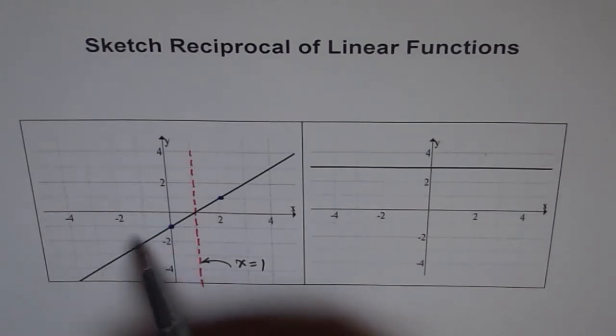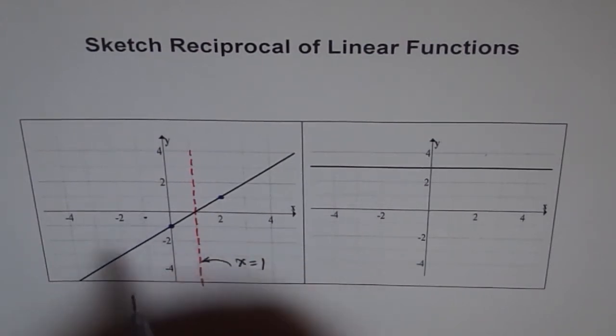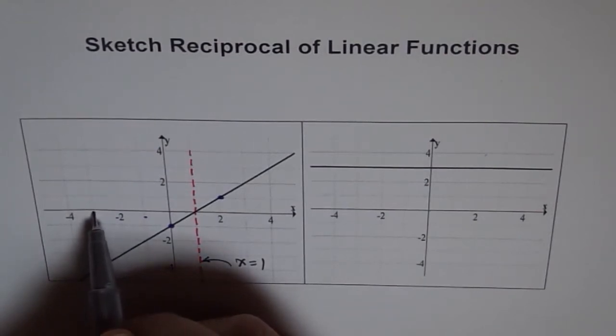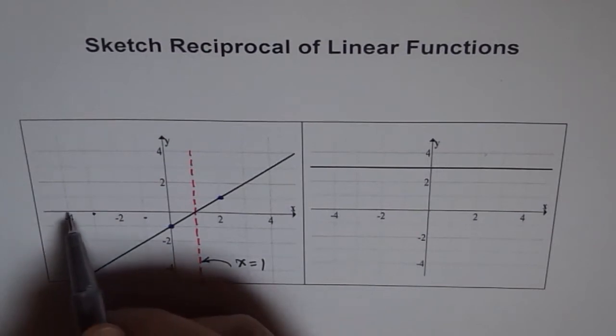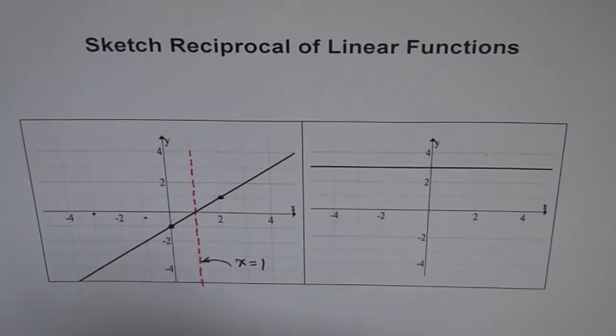Now let's get all other points. So here we have minus 2. So what is reciprocal of minus 2? Minus half. So let's mark a point here. Let's take this point as minus 4. Reciprocal of minus 4 is minus 1 over 4. So let's say this is our list. Well, as we go here, 5 closer and closer. So 1 over 5, which becomes closer and closer to x-axis, correct?